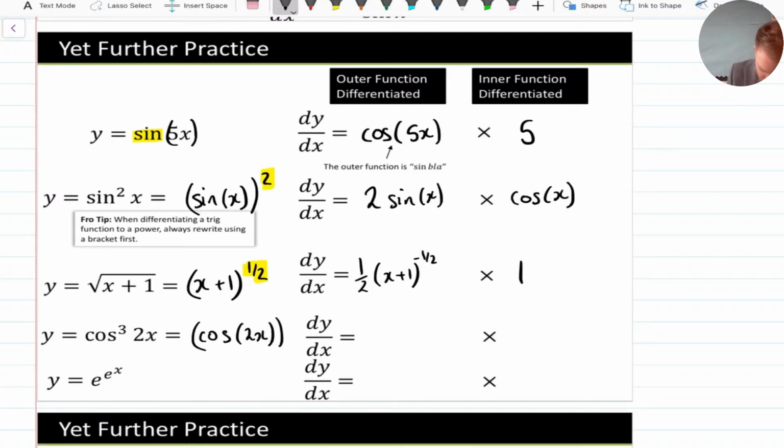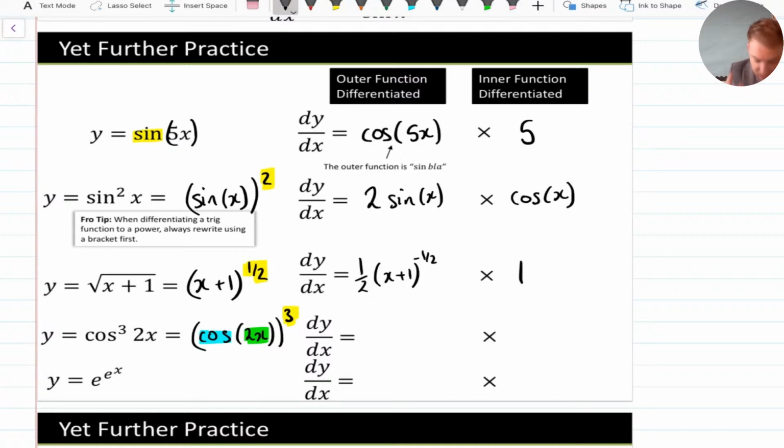So our 3 layers are the power of 3, which I'm going to have to deal with first. Then I'm going to have to deal with the second layer, which is going to be the cos. And then my innermost layer is going to be this 2x here. So I've got to deal with all of these, differentiating and times it as I go through.